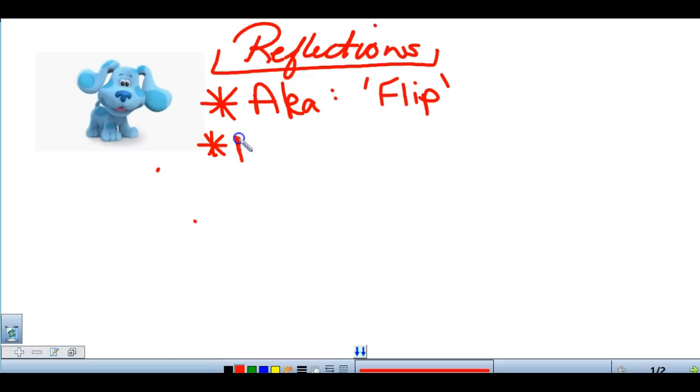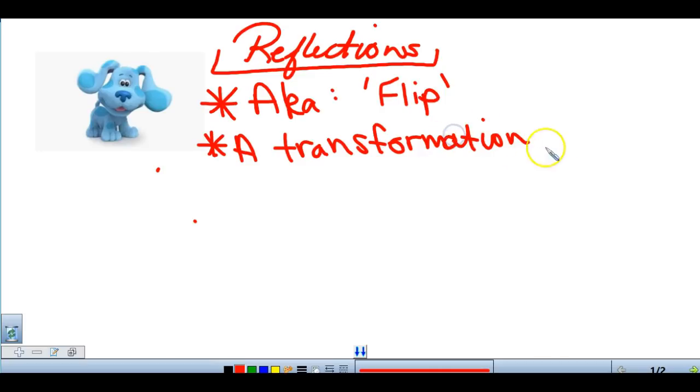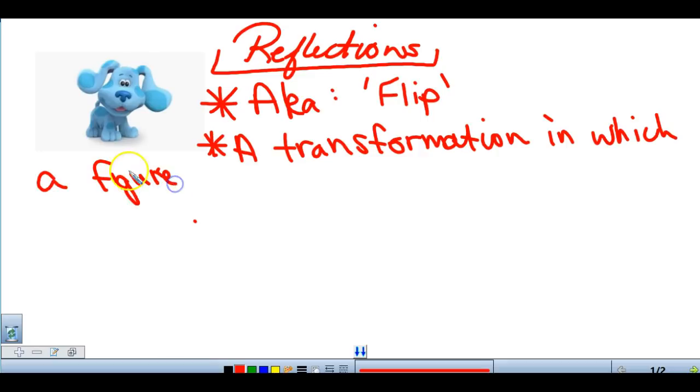What happens here is a reflection is a transformation. It's a change to a figure. So it's a transformation in which a figure is reflected.